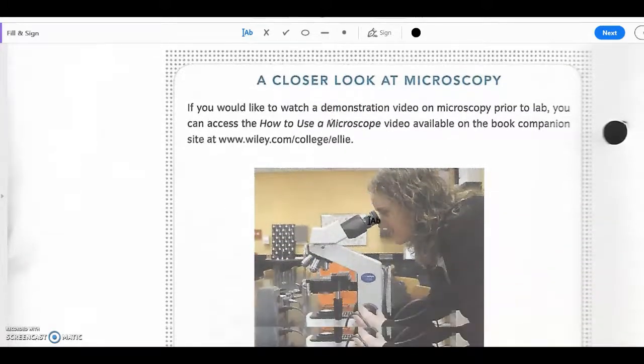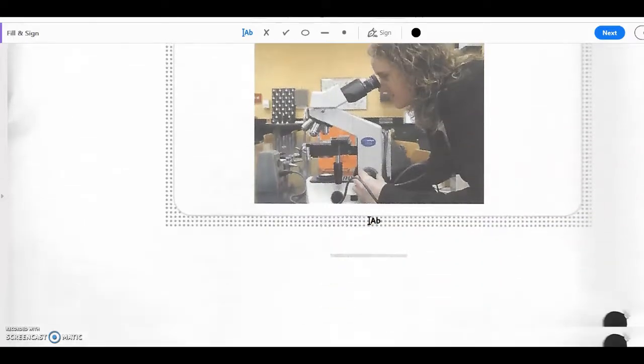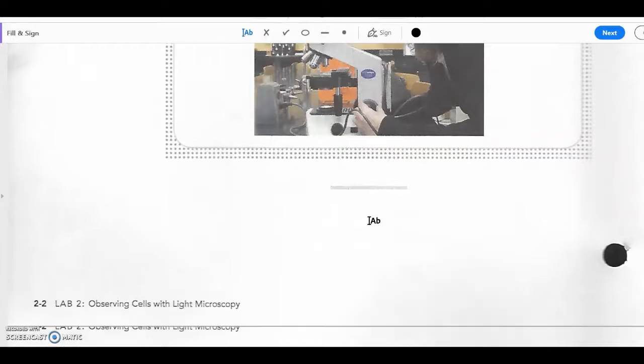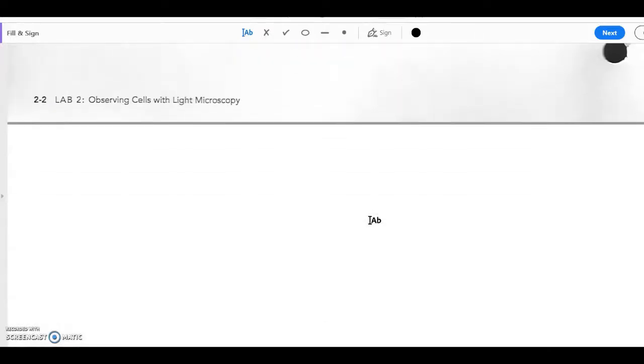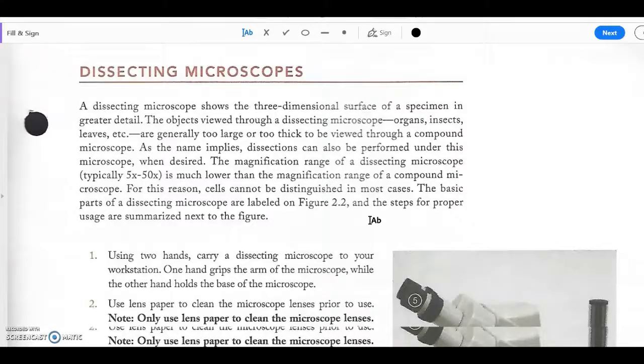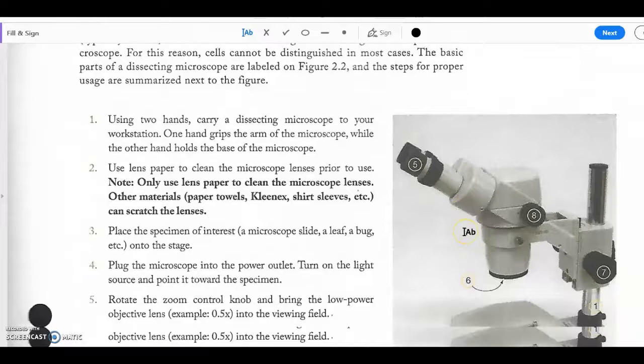It's not here. So this is a dissecting microscope right here. It appears slowly, but it does appear.